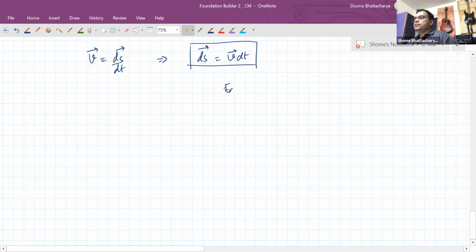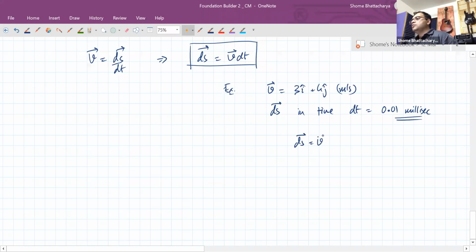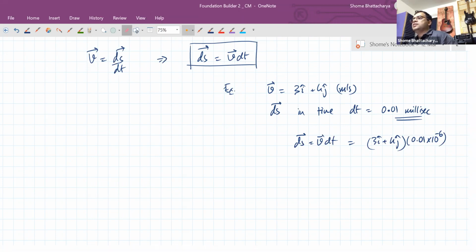So for example, if we have an instantaneous velocity of 3 i cap plus 4 j cap in meters per second. Now I ask you, what is the displacement in time dt equal to, let's say 0.01 milliseconds. That's a very small interval of time. So the displacement will become v dt. So that will become 3 i cap plus 4 j cap multiplied by 0.01 into 10 raised to the power minus 3.